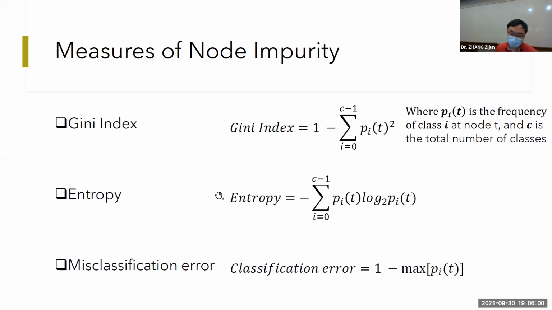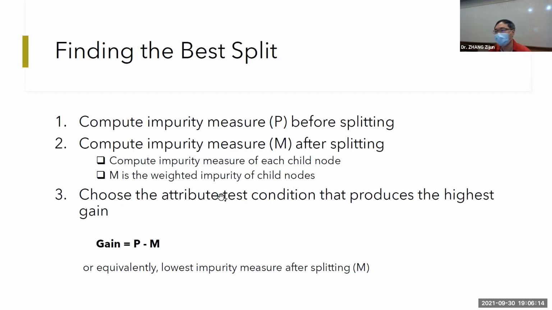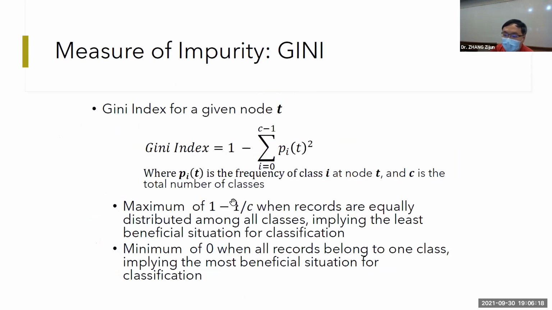And we talked about the measures of node impurity. Basically, they are the criteria that we utilize to determine which way of splitting is better, and our criteria for growing an optimal tree structure.